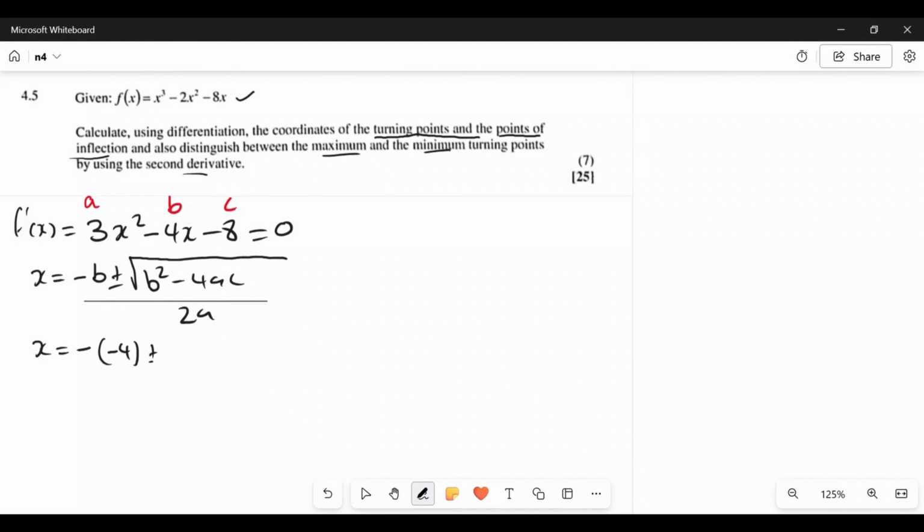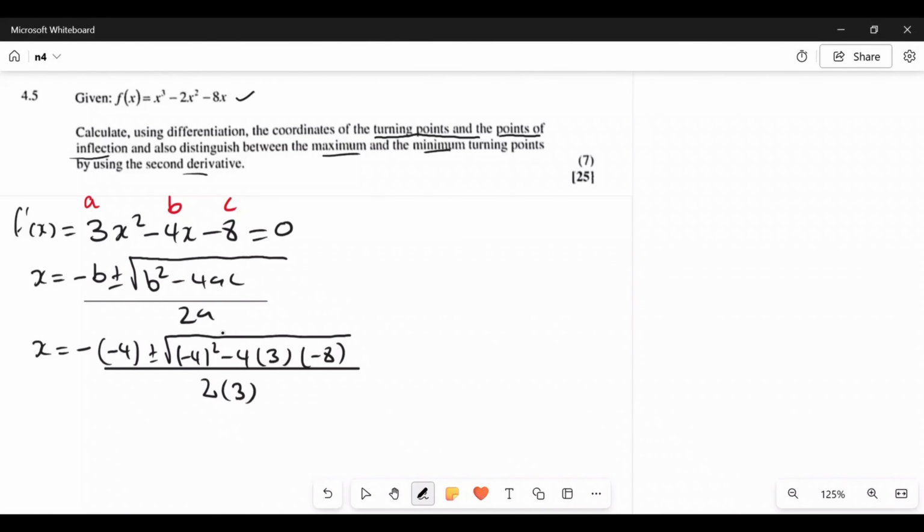Plus or minus, and then we put it inside the square root: negative 4 squared minus 4 multiplied by a, which is 3, multiplied by c, which is negative 8. And then all this is divided by 2a, but a is 3.